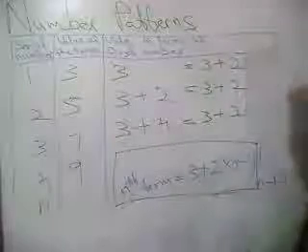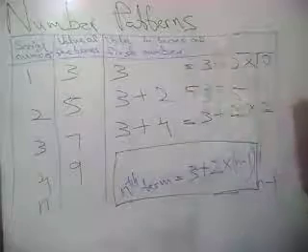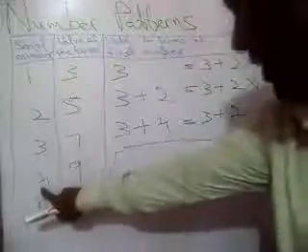If we substitute any of these values, let's say I want to find out the fourth term of this number pattern. So n equals 4.